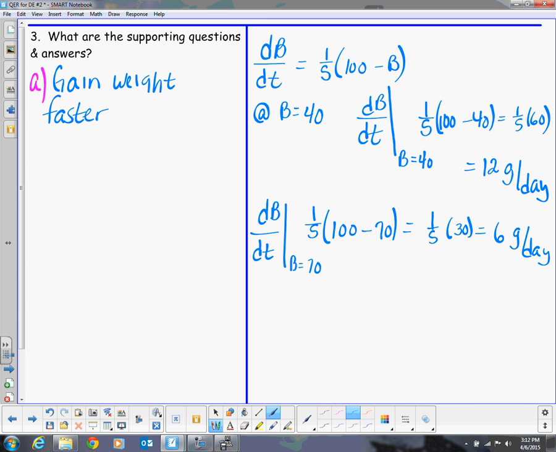So the question was, is the bird gaining weight faster when it weighs 40 or when it weighs 70? Explain your reasoning.